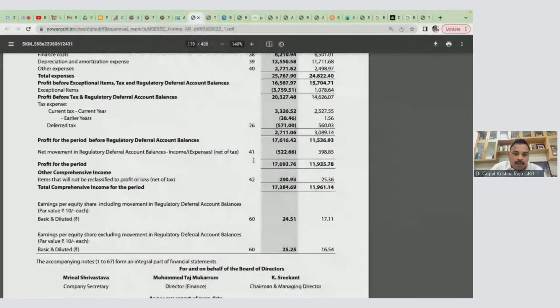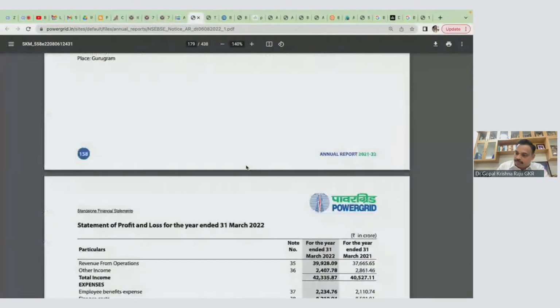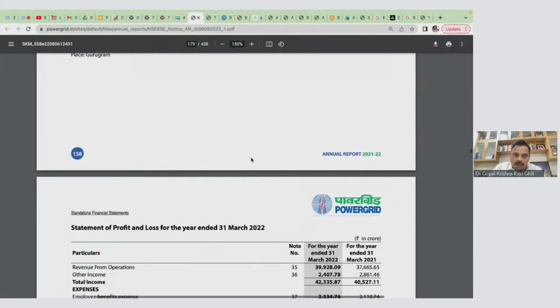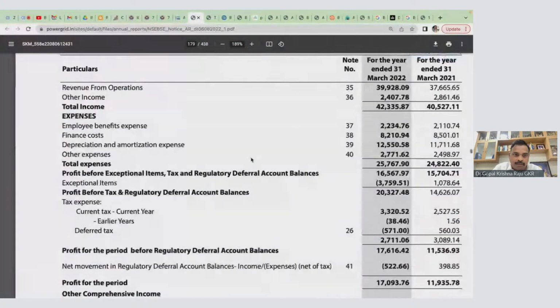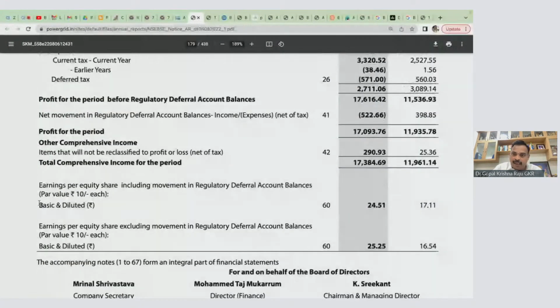This is actually Power Grid. Look at Power Grid, guys. In the Power Grid annual report, of course, these are in the P&L account, we will have this. Look at this, your basic and diluted EPS. Both are the same.